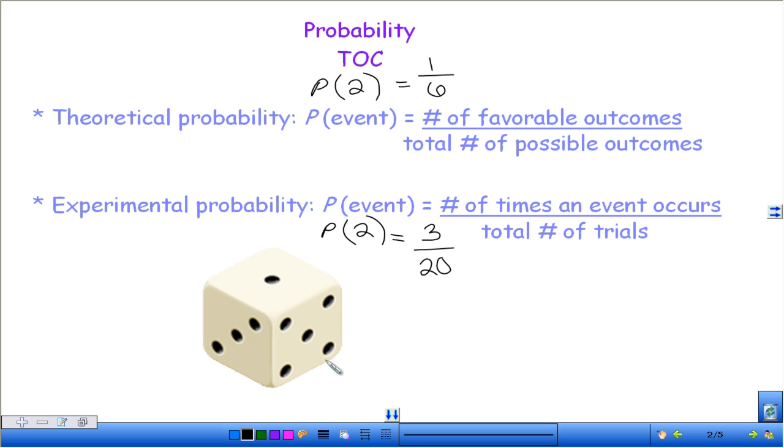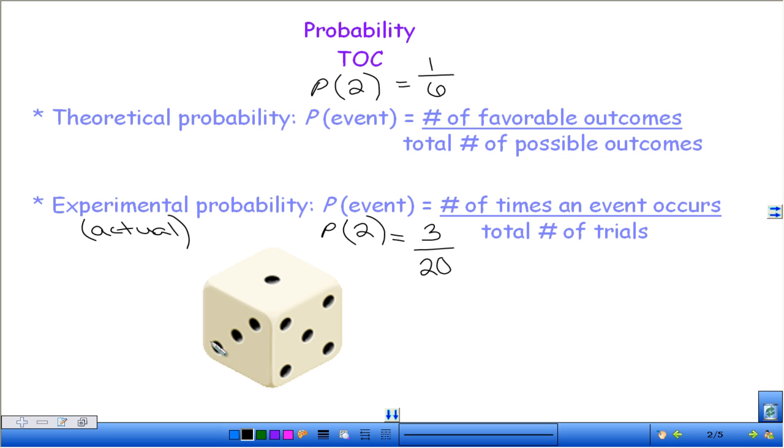My experimental probability would be 3/20, which then you can change into a decimal and a percent if I ask you to. So an experimental probability is what happens when you actually do it. If you want to put actual underneath here, you can, but it's what actually happens. So you have to perform the experiment in order to get that probability.